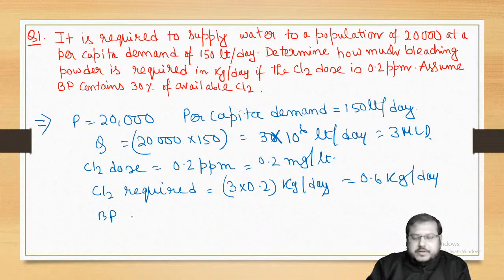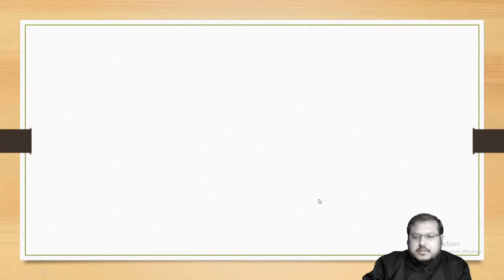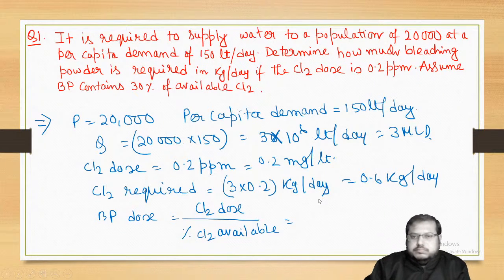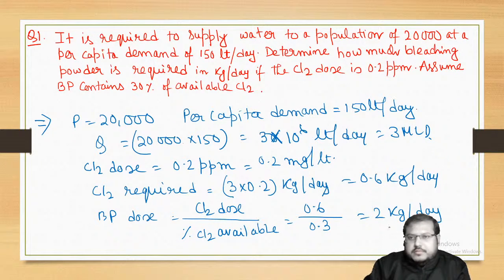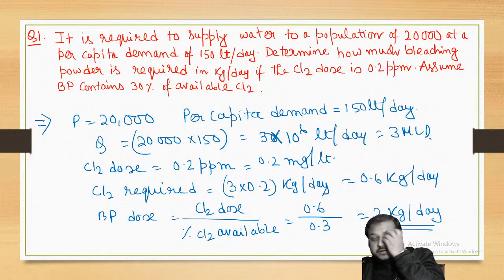So bleaching powder dose is chlorine dose by percentage chlorine available. It's 0.6 by 0.30, 2 kg per day will be your final answer.